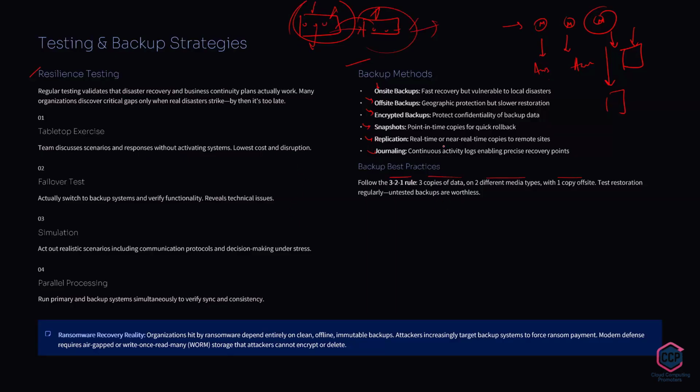Simulations include protocols and decision making under stress, such as a situation where data got leaked or encrypted; there should be no panic. Before that, companies also run phishing simulations in order to prevent phishing attacks.